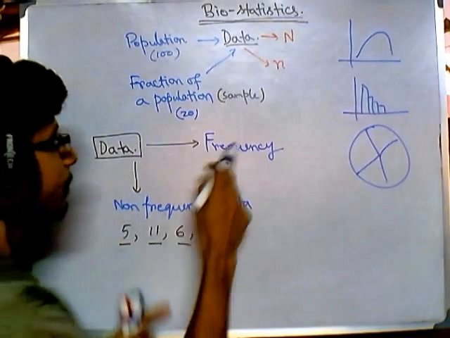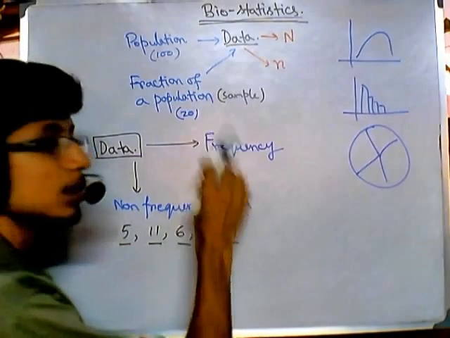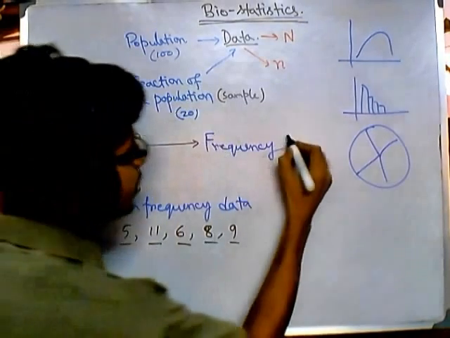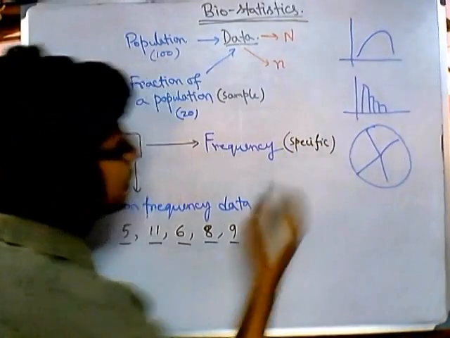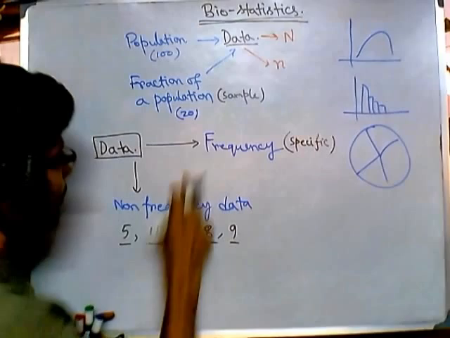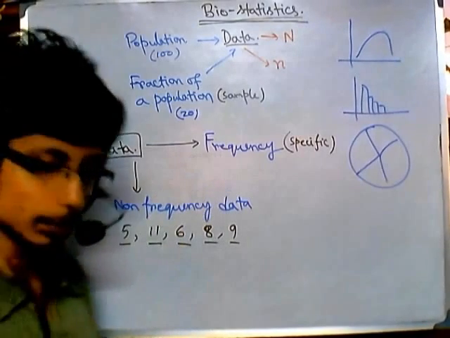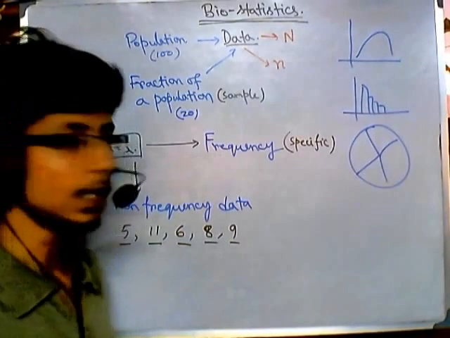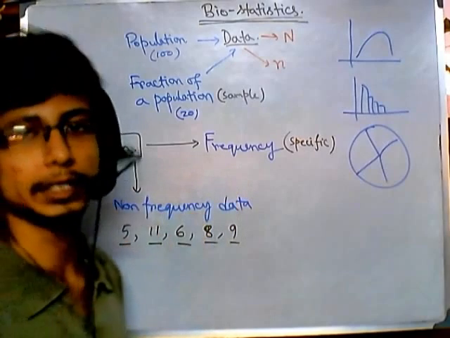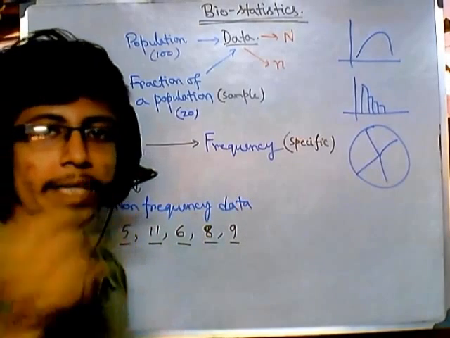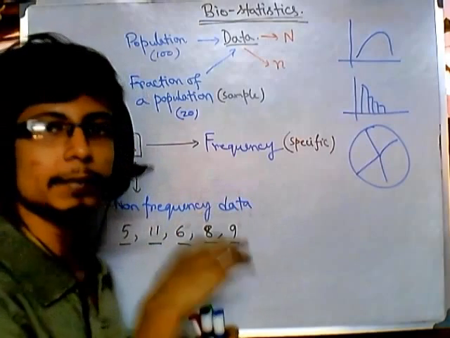Now in the case of frequency data, you are more specific about your parameters. For example, in this case, you also want to note the length of their tail. So you get the length of the tail in centimeters, but you also want the frequency. Frequency means how many times that length occurs in the population.